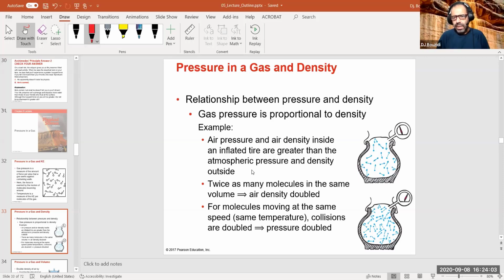So again, in this case, it's related to the density of the gas inside, okay? And what we read here on the gauge, which is called the gauge pressure, is in addition to the atmospheric pressure, okay? And again, more dense gas, more pressure. Less dense gas, less pressure.